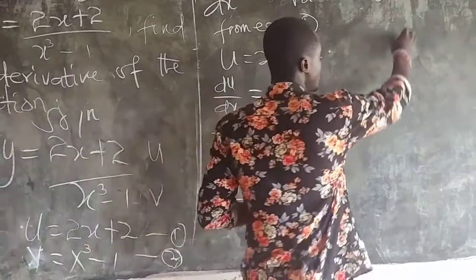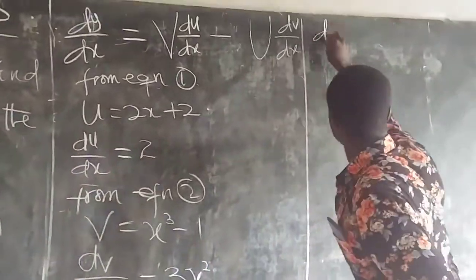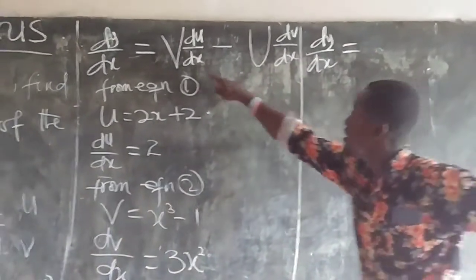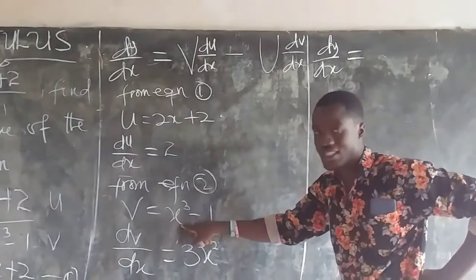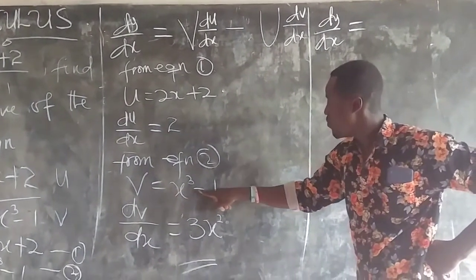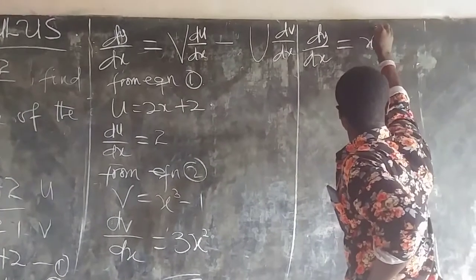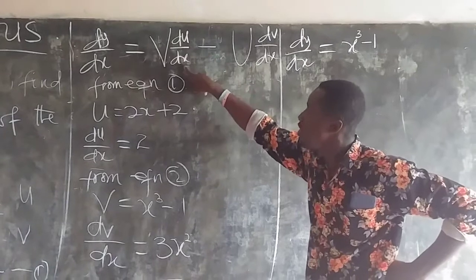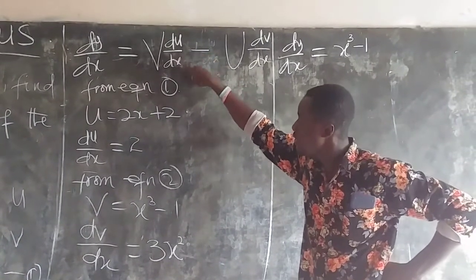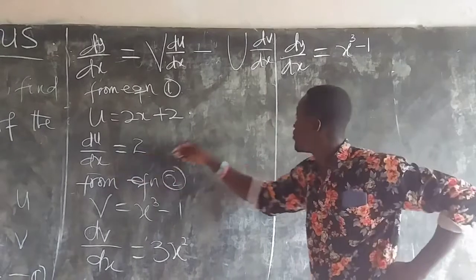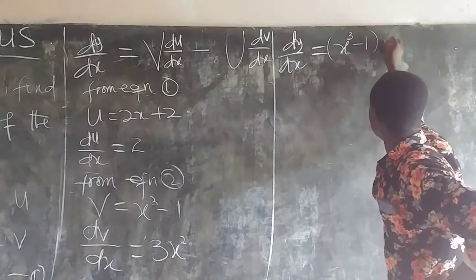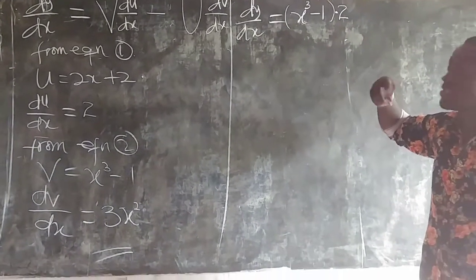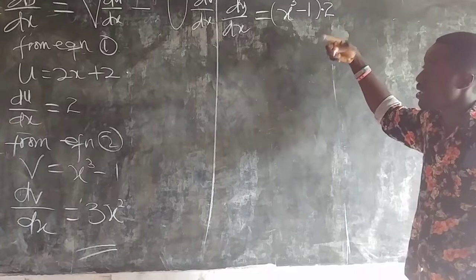So our dy/dx will be equal to v, then you write v. What is v? v is x cubed minus 1. So write x cubed minus 1 times du/dx. And what is du/dx? It is 2, so times 2. As I said earlier, in mathematics sometimes a dot represents multiplication.